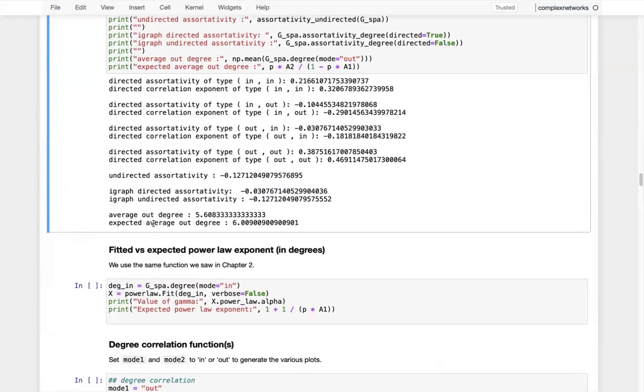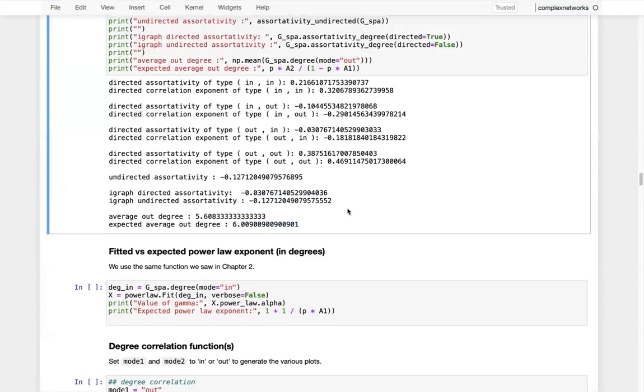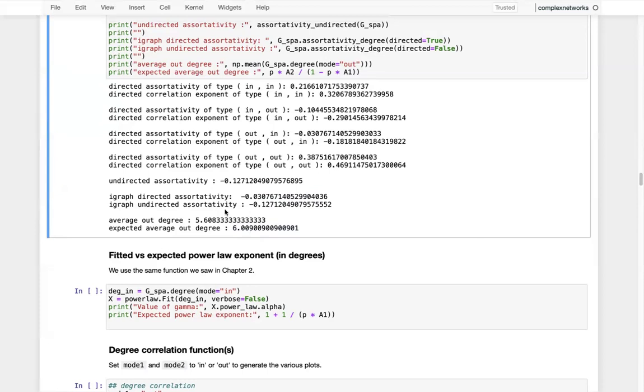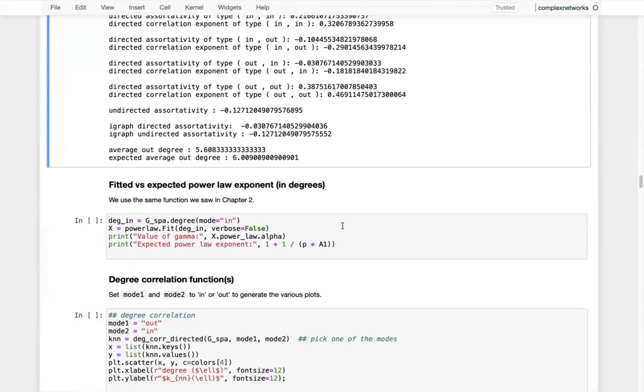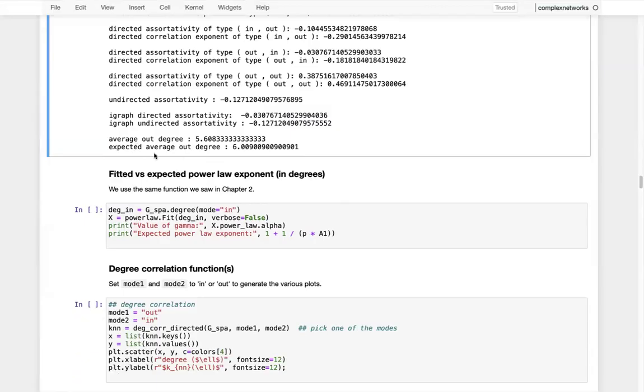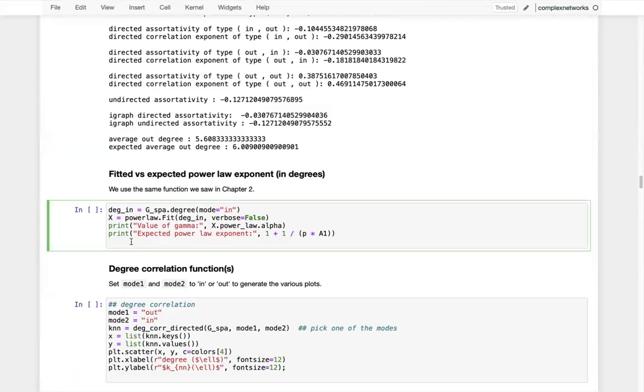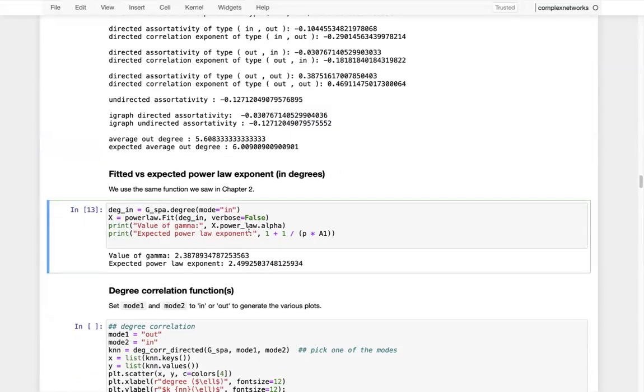And this is verifying this average out degree of a graph that we've generated and comparing it with the theoretical value. So even if we don't have that huge of a graph, we can see that we get a similar value to the predicted or the expected average out degree. And the same for the power law exponent for the in degree.